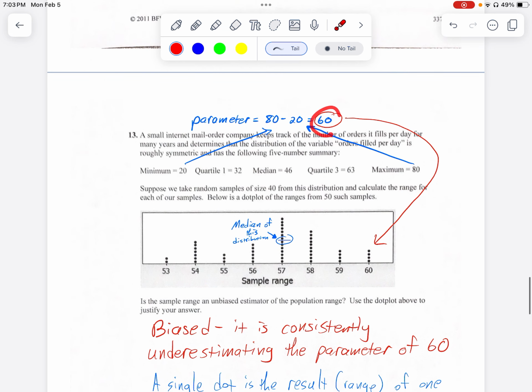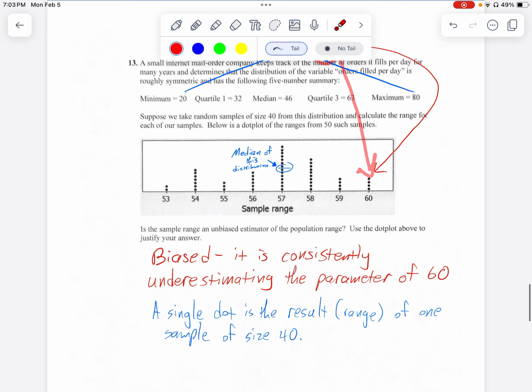So look at this. If the true parameter is 60, way over here, that's on the edge of the distribution. So this is biased because it is consistently underestimating the truth. There is not one dot over here at 61, 62. There's no data over there.